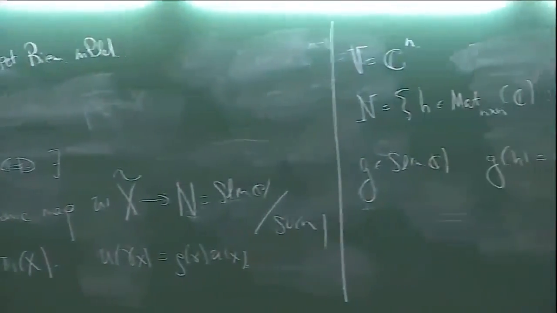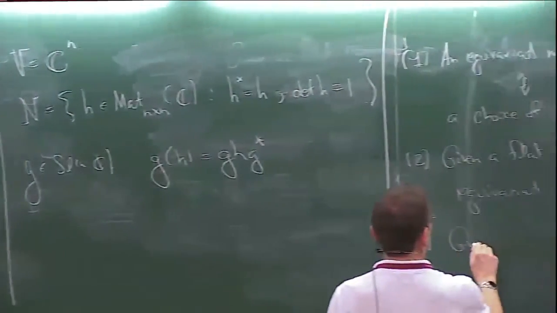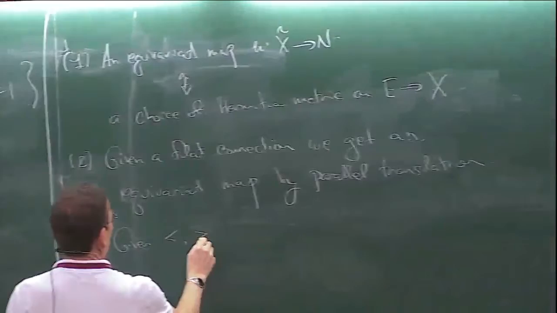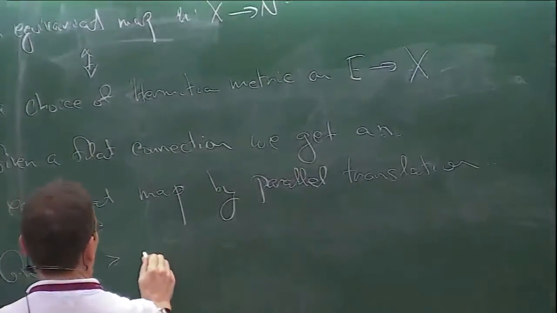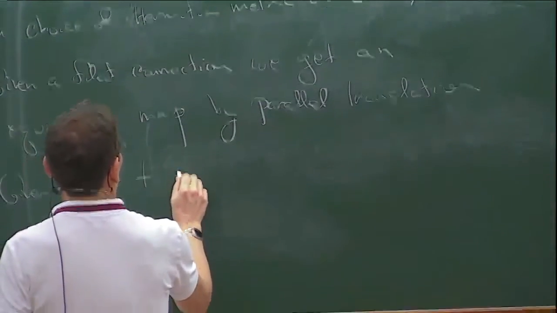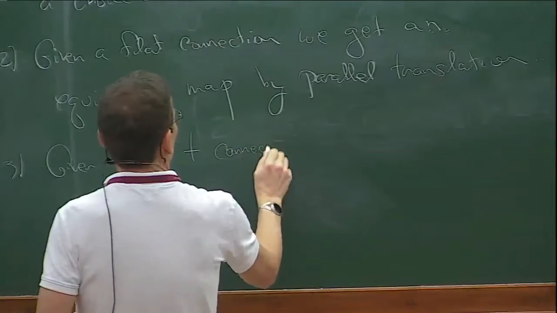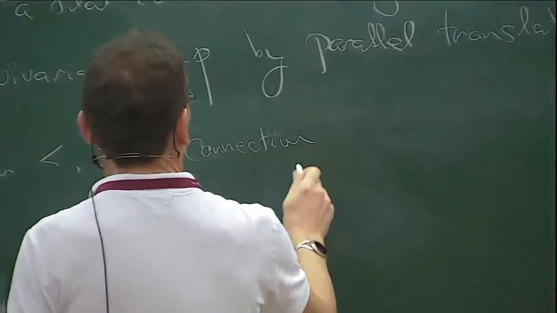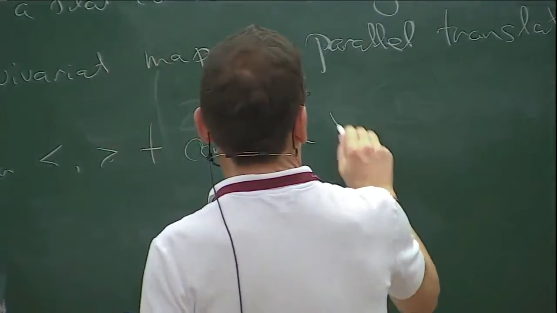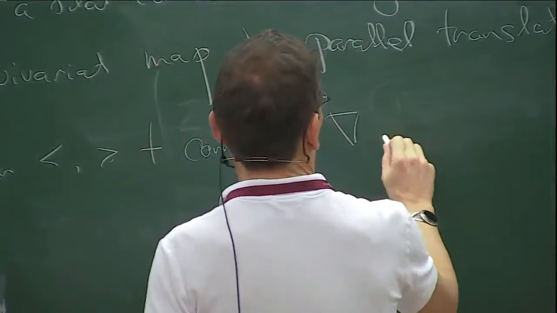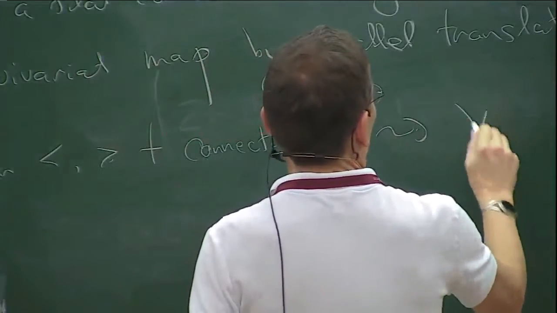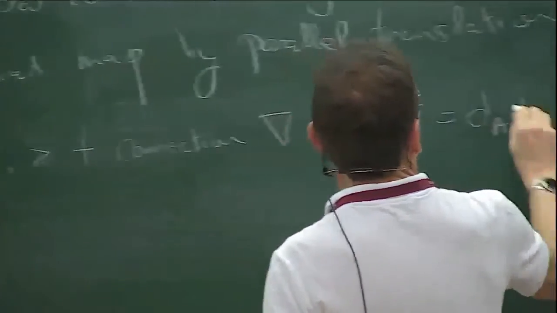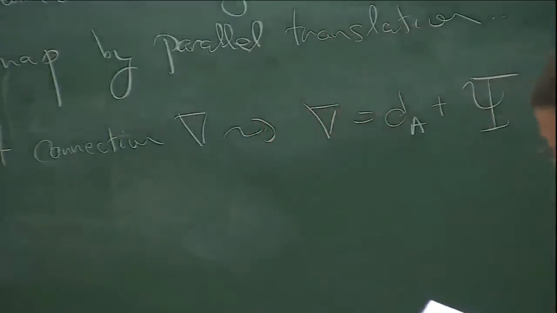Okay. A third statement here is that given a Hermitian metric and any SL(n,C) connection D, I can always write this, as I've been saying, as a unitary part and a Hermitian part.